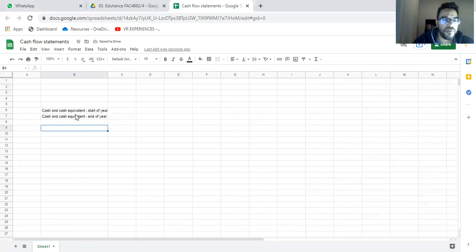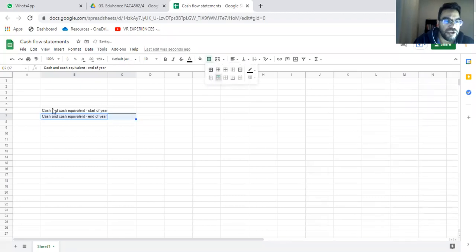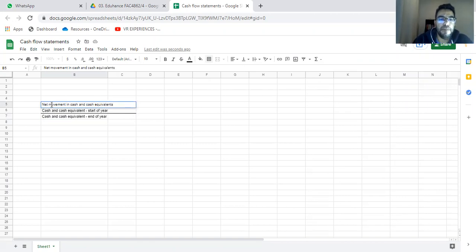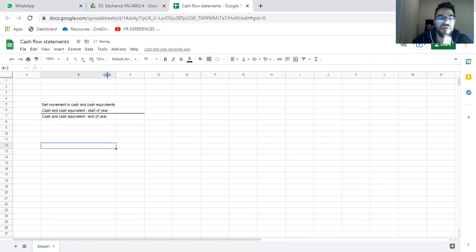So what you should know is that the net movement in cash and cash equivalents plus the cash and cash equivalents at the beginning of the year, those two will make up your cash at the end of the year.